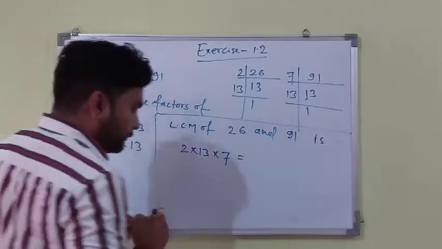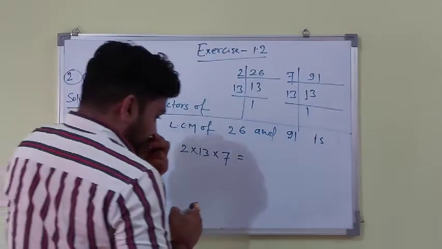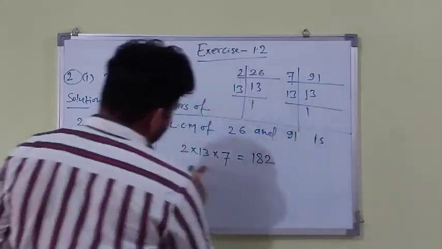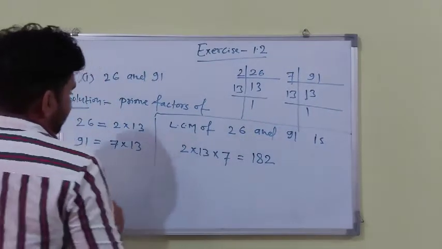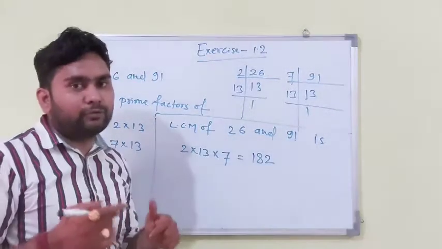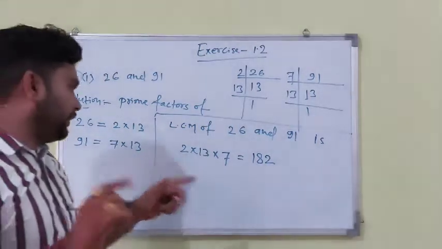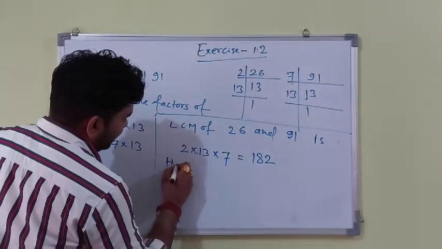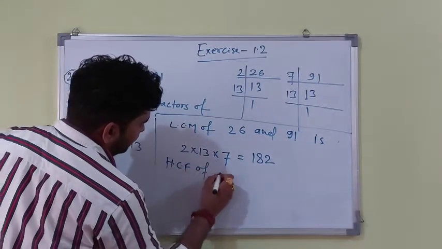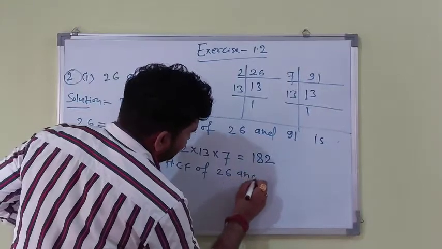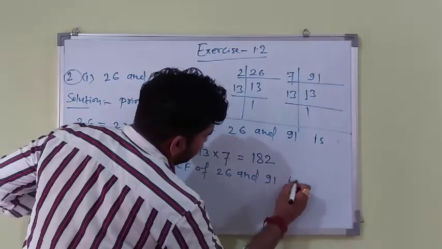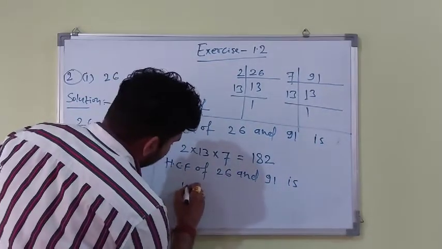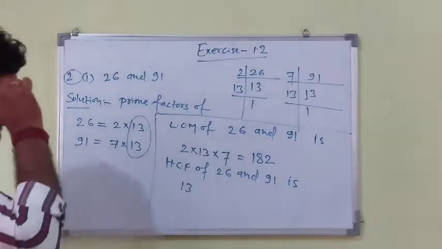What is the LCM of this? After the calculation we got 182. I will not tell you exactly how to find the LCM, because you know that from your earlier classes, so do it here by yourself. And then the HCF of 26 and 91: the only common number is 13, so the HCF is only 13.